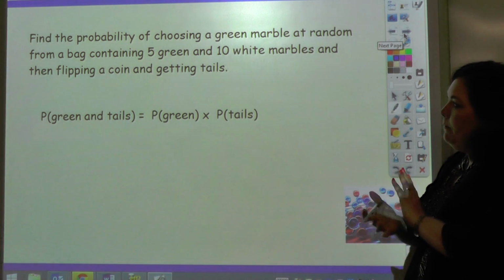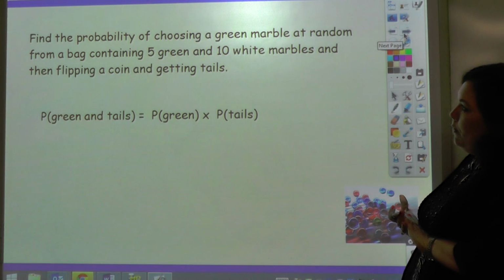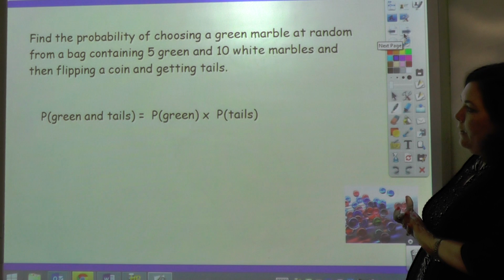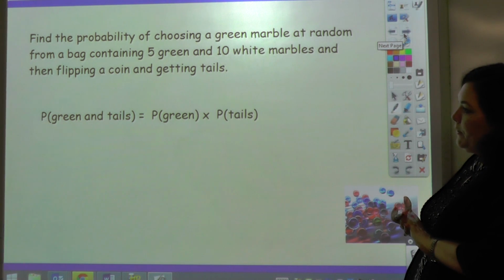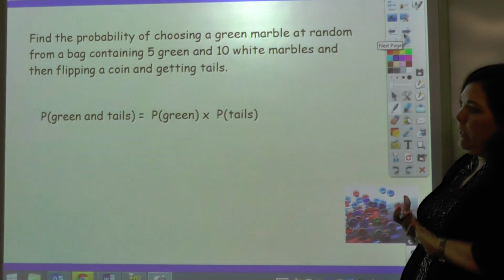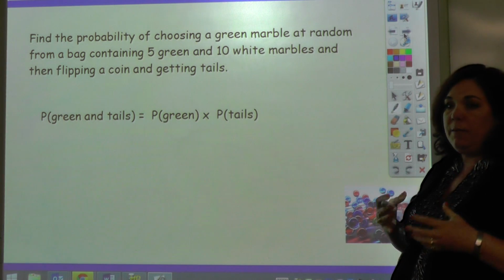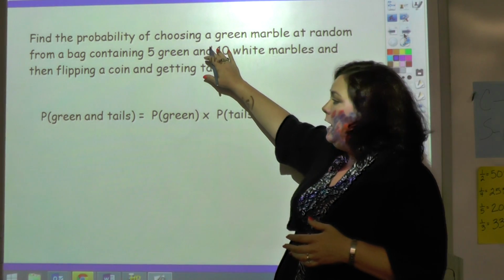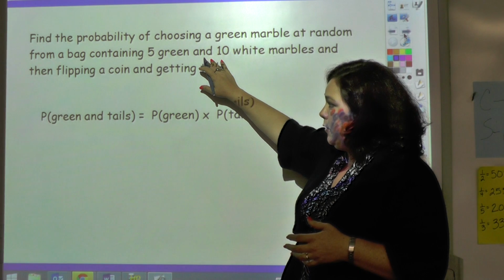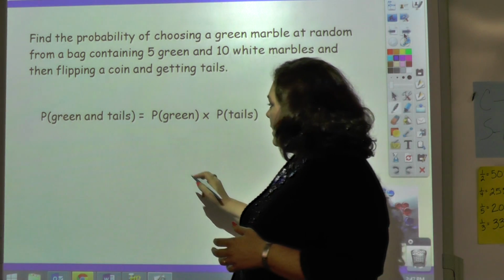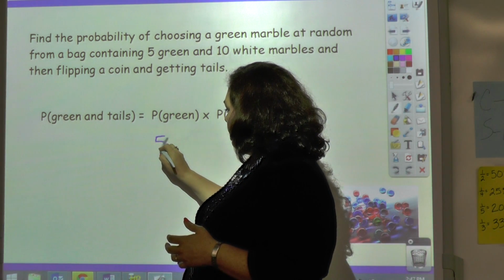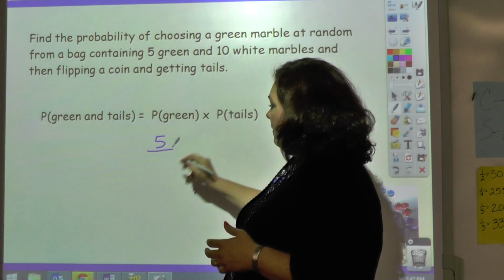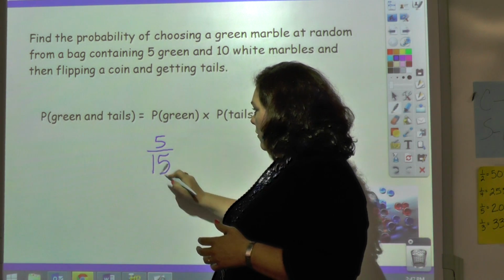So, find the probability of choosing a green marble at random from a bag of 5 green and 10 white marbles, and then flipping a coin and getting tails. First you find the probability of the first thing, and that's the probability of pulling a green. There's 5 possible out of a total of 15, okay?